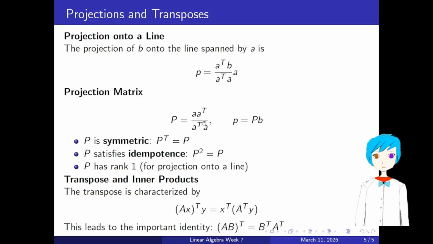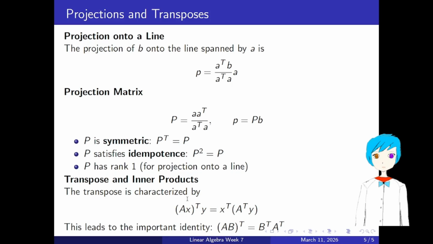If we change the sequence, we can rewrite p as a times a transpose times b divided by a transpose a. So this matrix a times a transpose divided by a transpose a is called the projection matrix. It is symmetric, and P squared equals P. Its rank is 1 because it has the standard form of a rank 1 matrix.